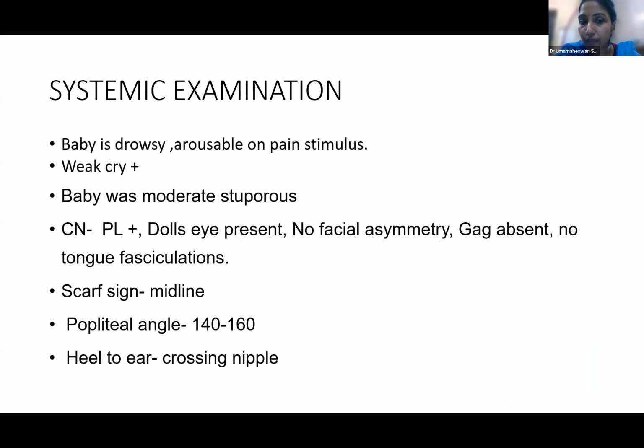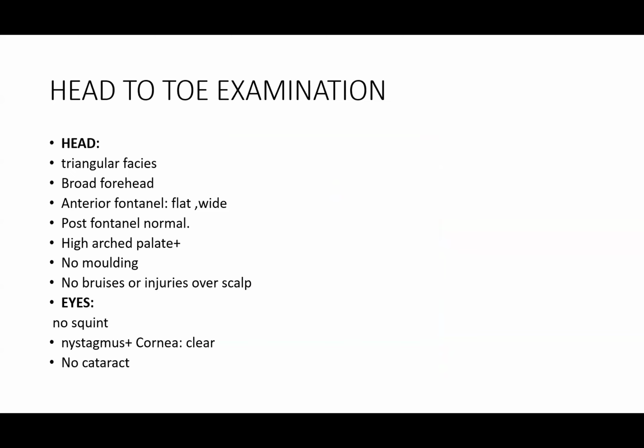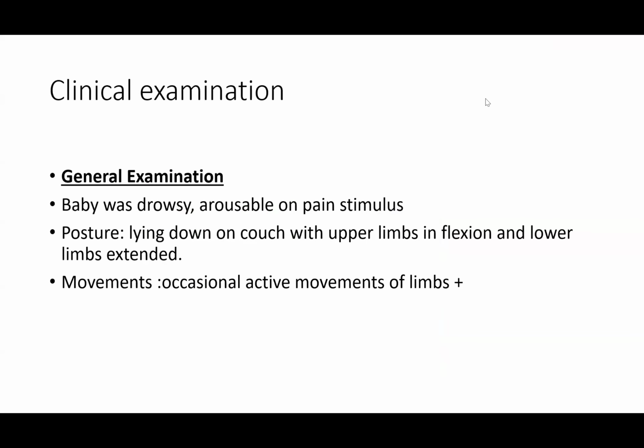History wise, ma'am, it's a term baby born of non-consanguineous parentage, and there were no antenatal risk factors to mother. Are you sure there are no antenatal risk factors? You said she is on some medications. Yes, ma'am. No, not sure, ma'am.